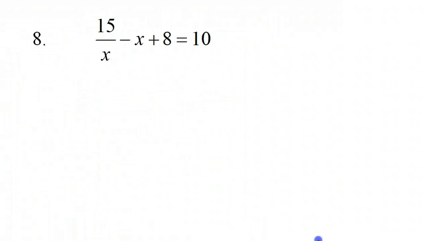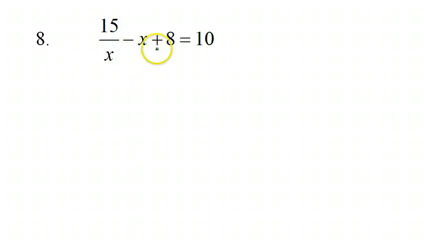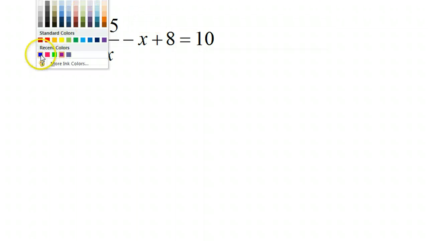Alright, so last problem, number 8. Okay, none of this stuff on the right is in the denominator. Only x is in the denominator. So when I multiply, I'm only going to multiply by x.